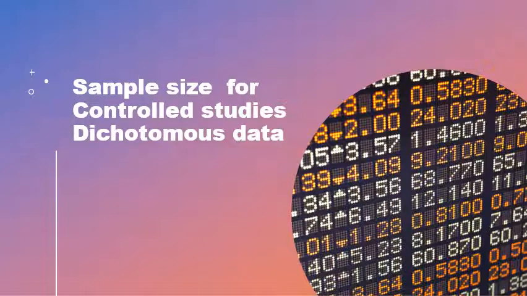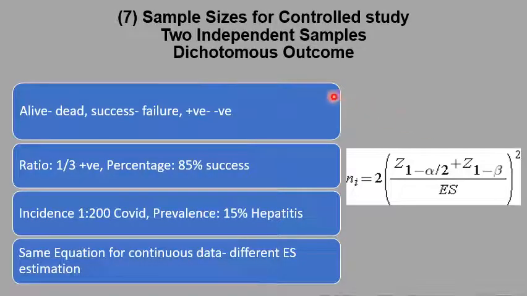A further scenario is when we are trying to estimate the sample size for, again, controlled studies with at least two groups, a study group and a control group, but this time we are analyzing dichotomous data rather than continuous data. We'll be dealing with a dichotomous outcome like alive or dead, success or failure, positive or negative for a certain test. We'll be using the same equation that we have used for the continuous data in the controlled study.